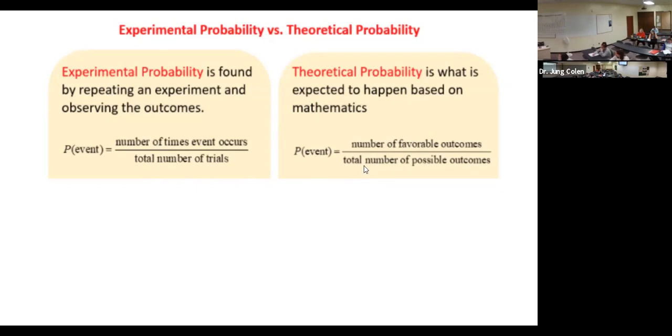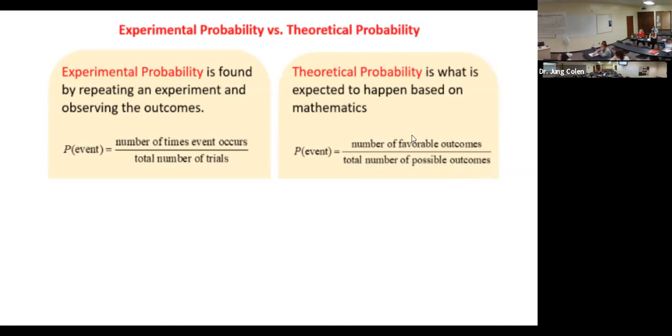What do we call the total number of possible outcomes? We usually use S, big S. Sample space, yes, sample space, okay?